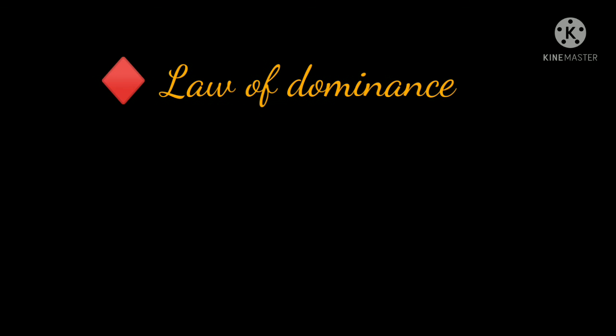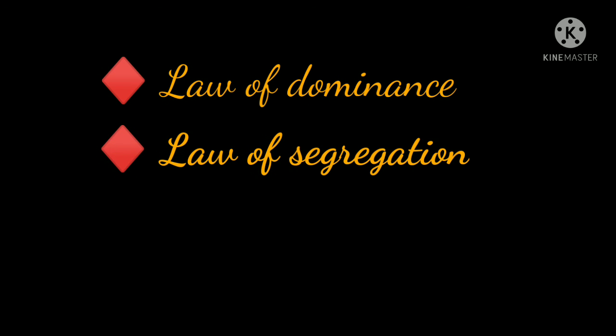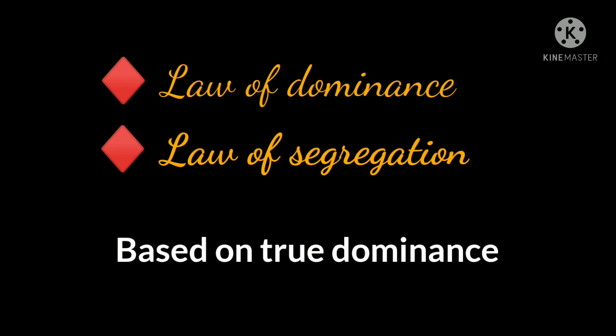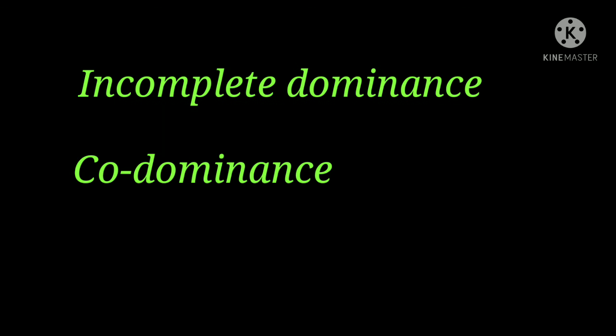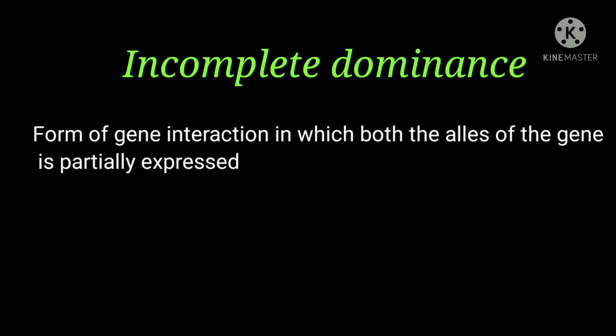Both of these laws were proposed on the fact that the characters studied in the experiment all showed true dominance, but not always do all characters show true dominance. Some characters show incomplete dominance and some show codominance. In incomplete dominance, the progeny formed did not resemble either of the two parents and has a character which is in between the two.